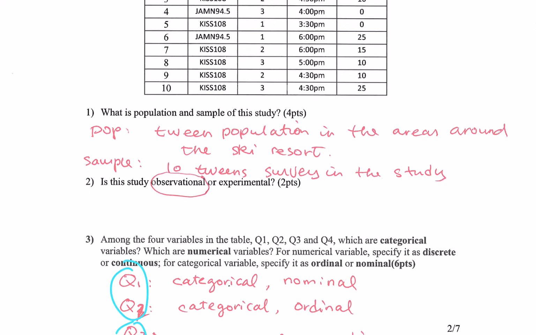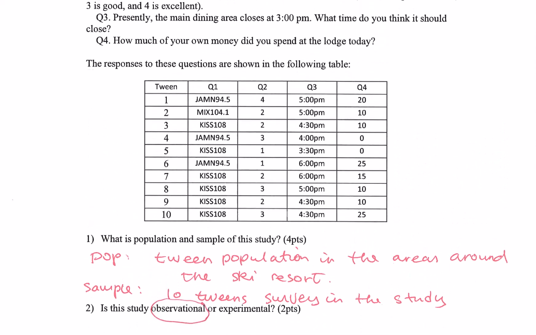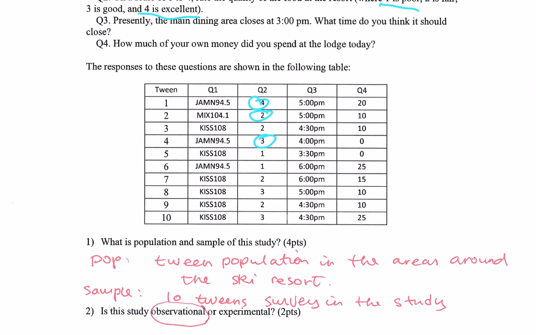That's nominal. But think about the rating for the quality of the food: we have 4, 2 and 3. They have an order, they're not just categories. 4 means excellent, 1 means poor, so it has an order. That's ordinal.